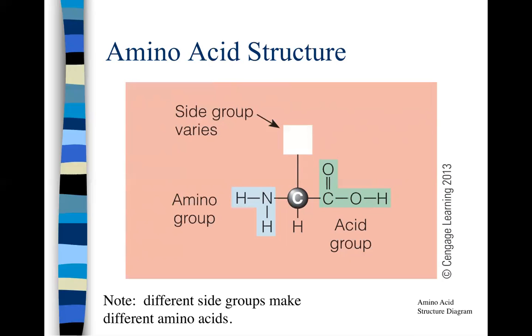In more complex amino acids, we might have multiple carbons or sulfurs or a ring structure. And we're going to see some pictures of different amino acids coming up. So what causes the amino acids to be different from one another is this side group, which in this diagram actually looks more like a top group than a side group, but we refer to it as a side group.